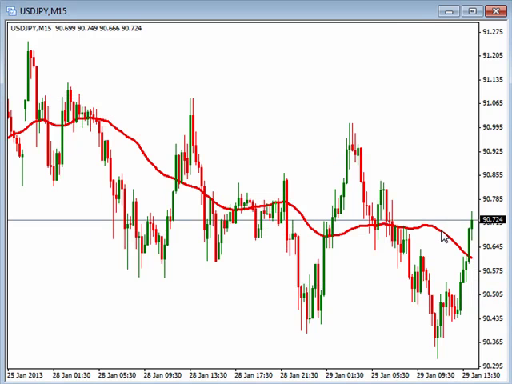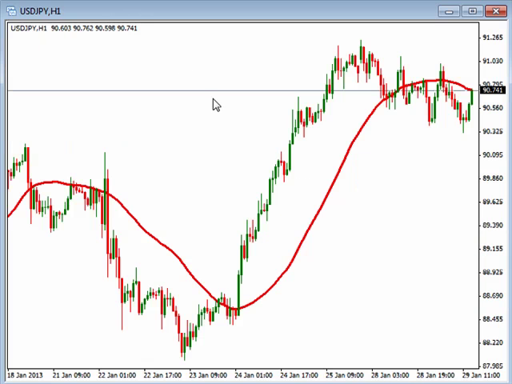Right now the price is moving down. The moving average is going down. The price is moving up. So we have a little bit of a discrepancy there between the two. But in order to have some added confidence, we can use an intermediate term chart like an hourly chart of the US Japanese yen, and we can say, okay, well, right now we're making lower lows and lower highs.